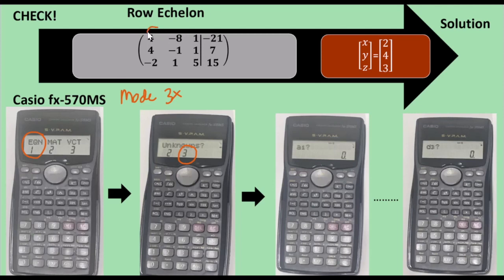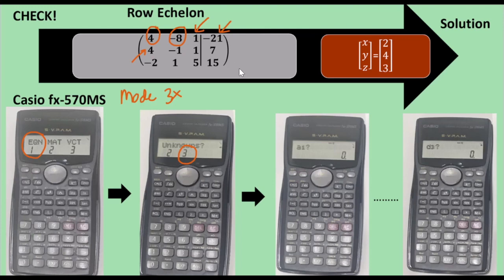So A1 would be 4, B1 would be negative 8, C1 would be 1, D1 would be negative 21, press equal, and then A2 would be 4, equal, B2 would be negative 1, up to D3, which is 15.